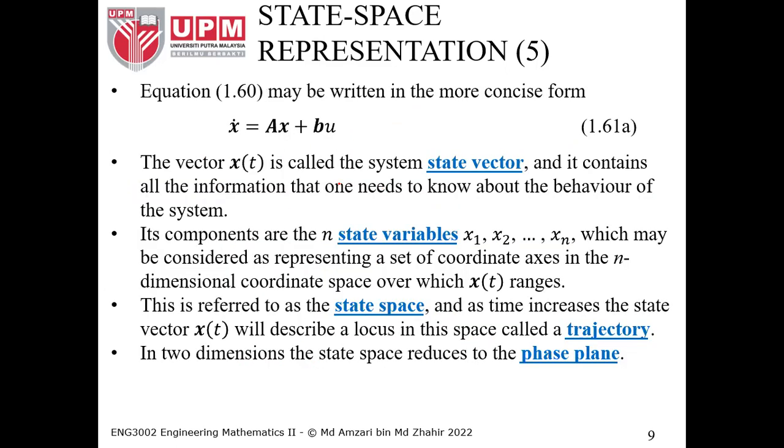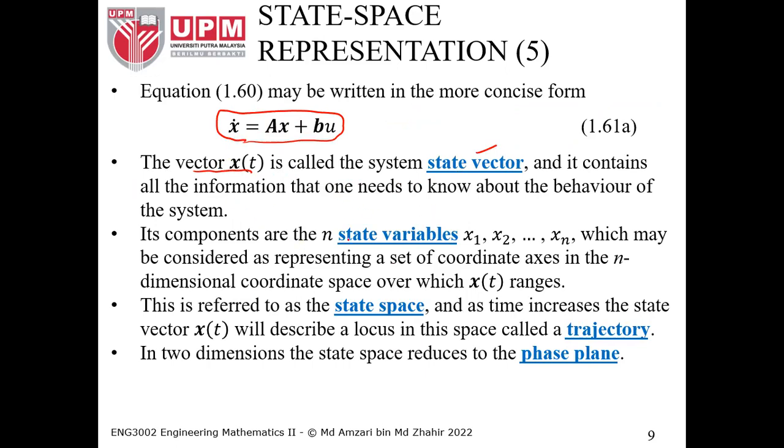These equations may be written in linear form, x dot is equal to Ax plus Bu, where x(t) is a vector. We call it the state vector, and it contains all the information one needs to know about the behavior of the system.